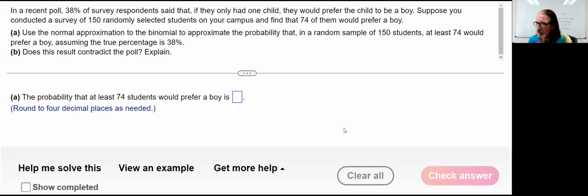So let's find out what we're supposed to find the probability of. What would be the probability that 74 of them would prefer a boy? Okay, well, we're going to go with a continuity correction, half a unit left and half a unit right. In the normal approximation, we're going from 73.5 to 74.5.